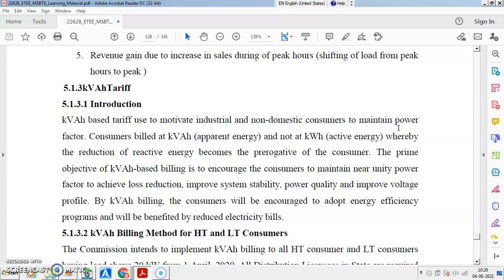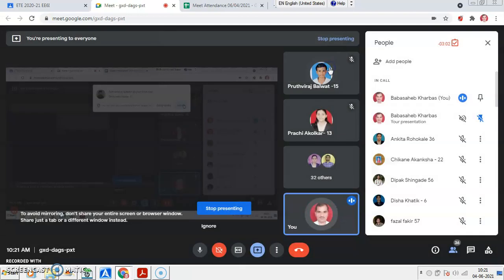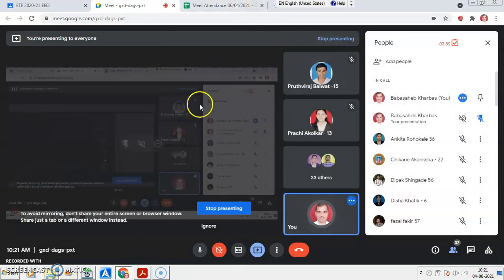So the prime objective of kVAh based billing is to encourage the consumer to maintain the unity power factor, to achieve the loss reduction, improve the system stability and power quality. Very important thing is that system stability and power quality are all associated with power factor.